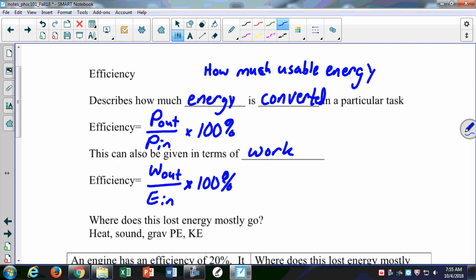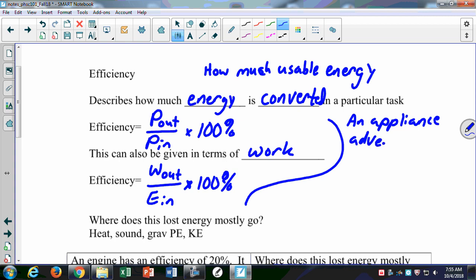So for example, let's say that I have an appliance that advertises 70% efficiency. How much usable energy do you get out if you put in 100 joules?